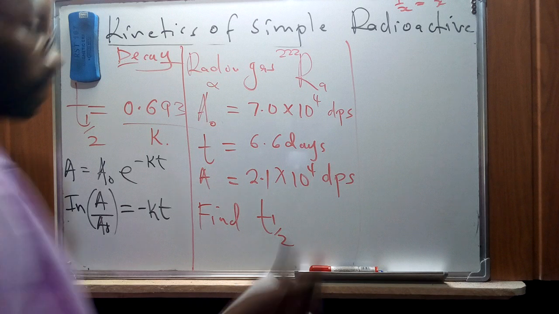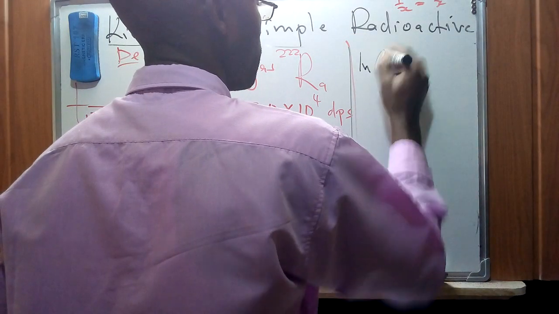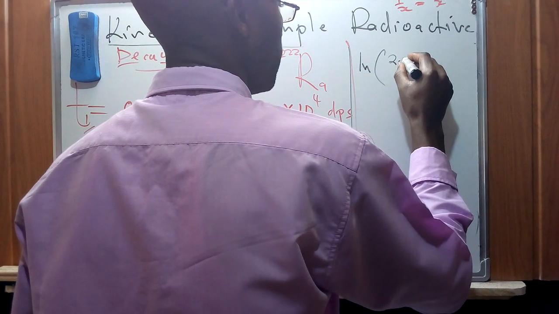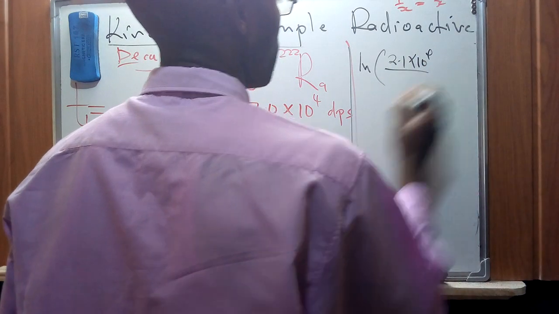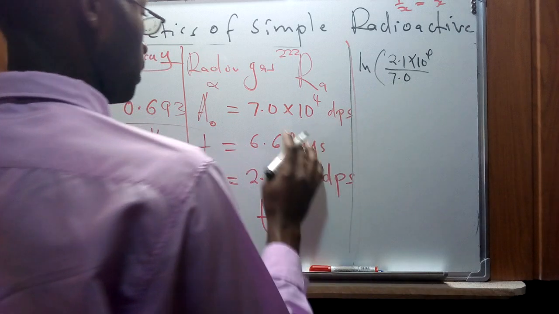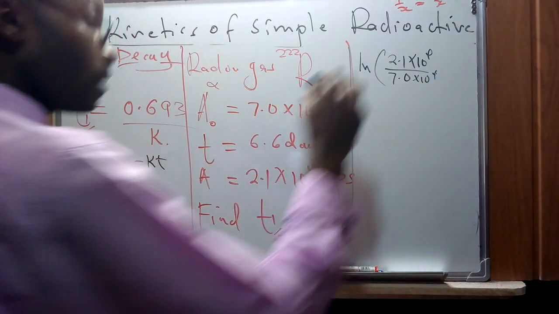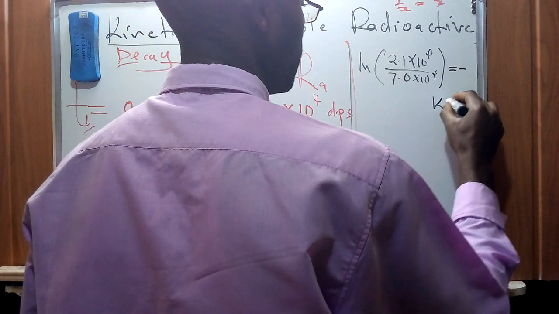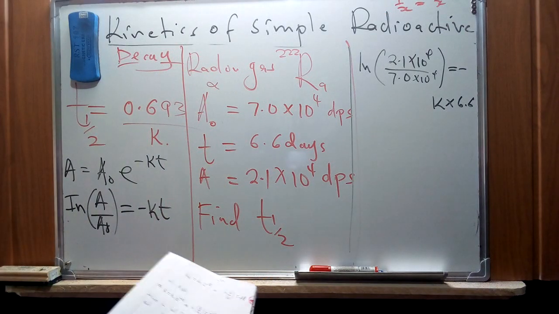From the formula, we have the natural logarithm of A over A naught, which is 2.1 times 10 to the 4 disintegrations divided by 7.0 times 10 to the 4 disintegrations, equals negative k times 6.6 days.